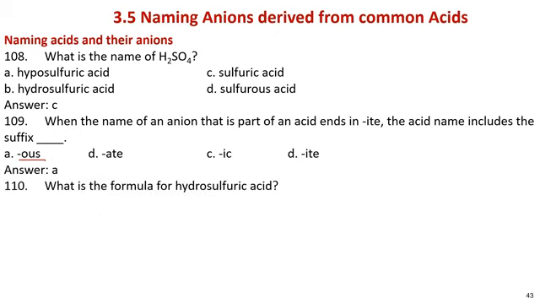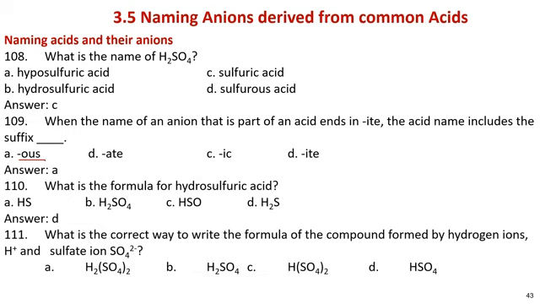A is the correct answer. With hydrogen ion, sulfate ion is formed by hydrogen ion. That's the correct answer. With one hydrogen ion, this is one. Sulfate ion is with two hydrogen. That's B.